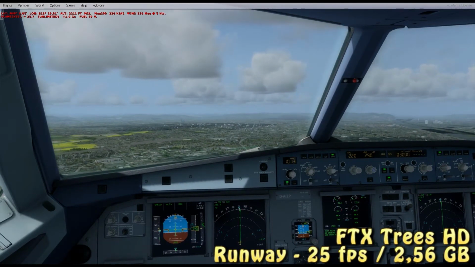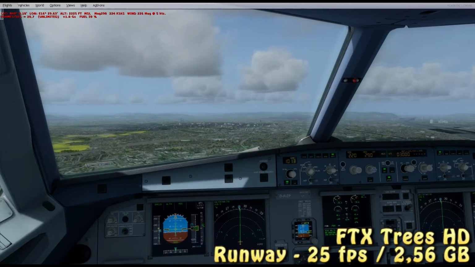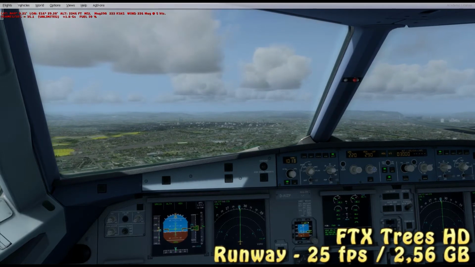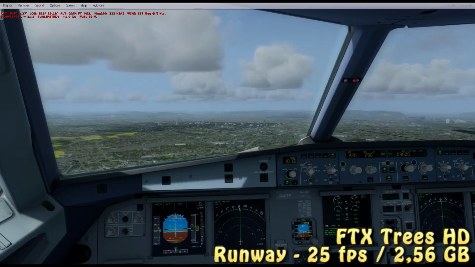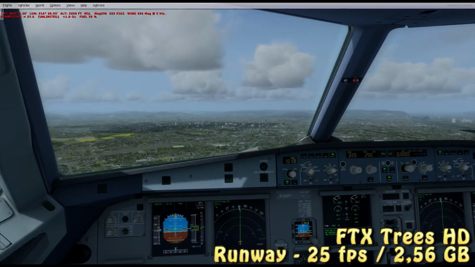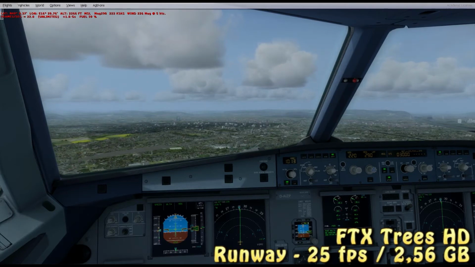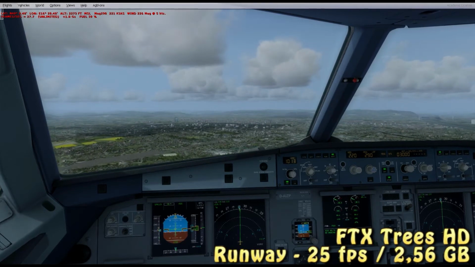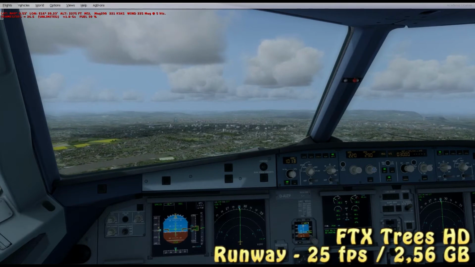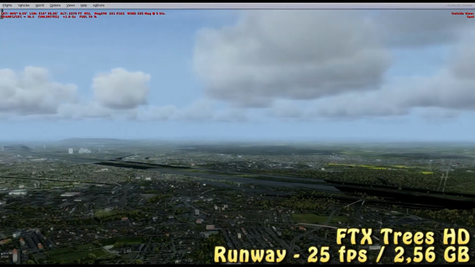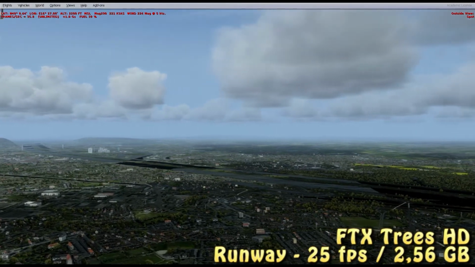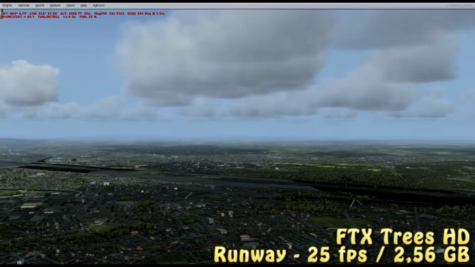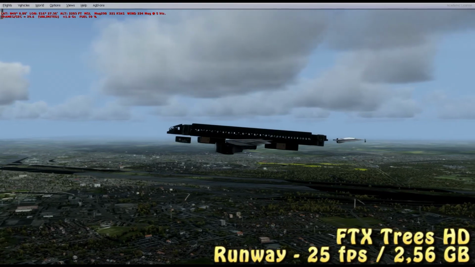And with FTX Trees HD, we have an average of 25, which is an increase of like 4 frames per second, and that is a lot, especially at big add-on airports. I was really surprised that the frames went up so high, because believe me, an average frame rate increase of 3 or 4 frames is a lot in FSX and a lot in Prepar3D.